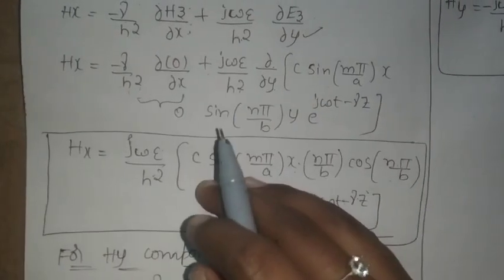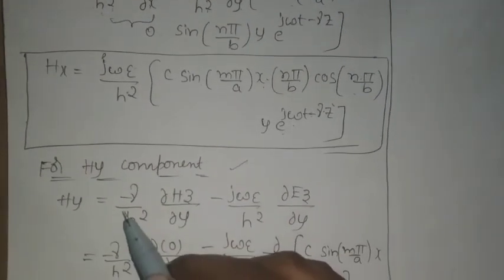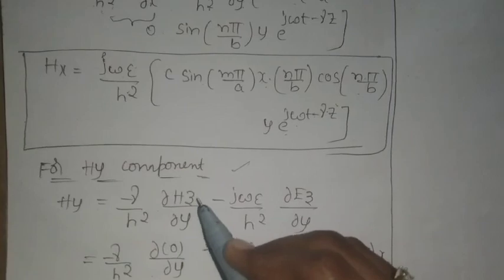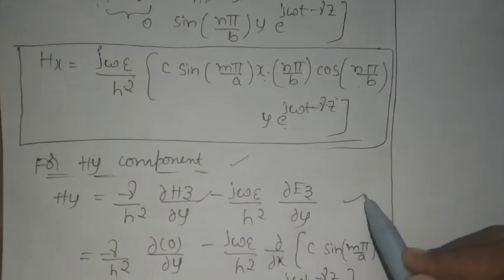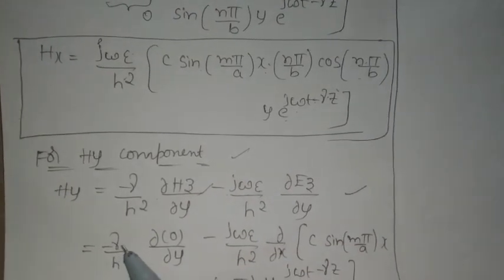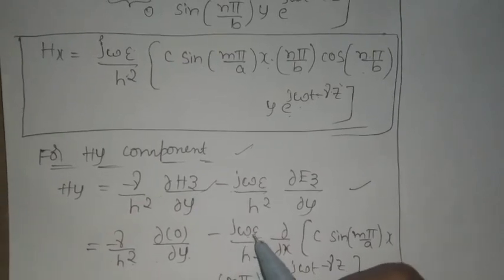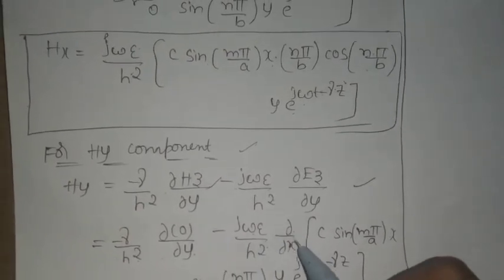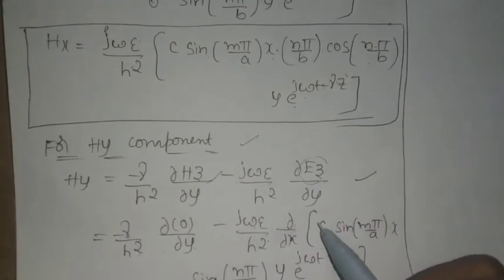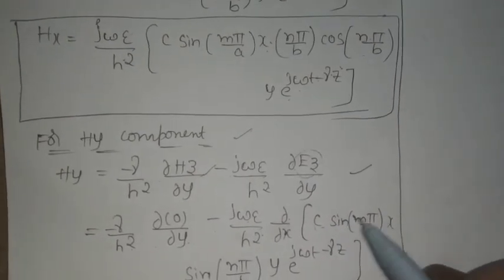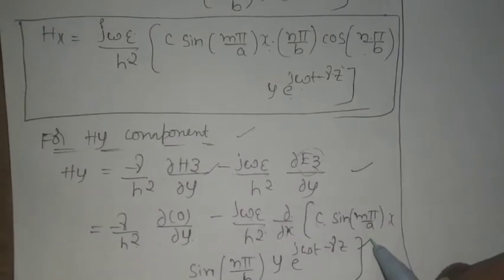This is the expression for the Hx component. For the Hy component, Hy = -γ/h² ∂Hz/∂y - jωε/h² ∂Ez/∂x = -γ/h² ∂(0)/∂y - jωε/h² ∂/∂x, where in the place of Ez we are replacing the Ez expression C sin(mπx/a) sin(nπy/b) e^(jωt-γz).